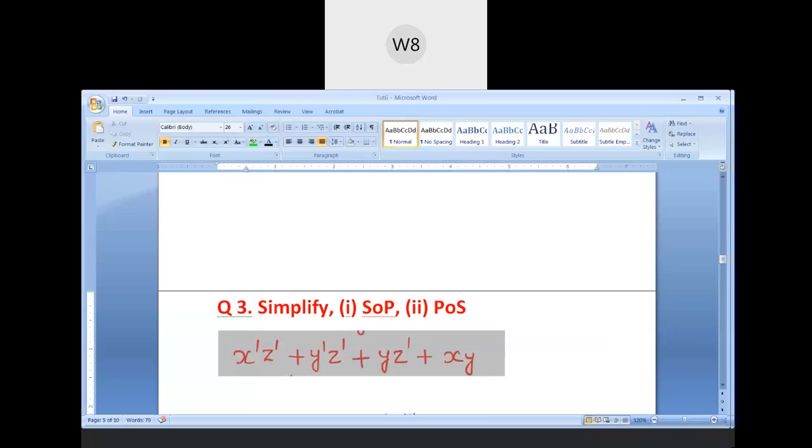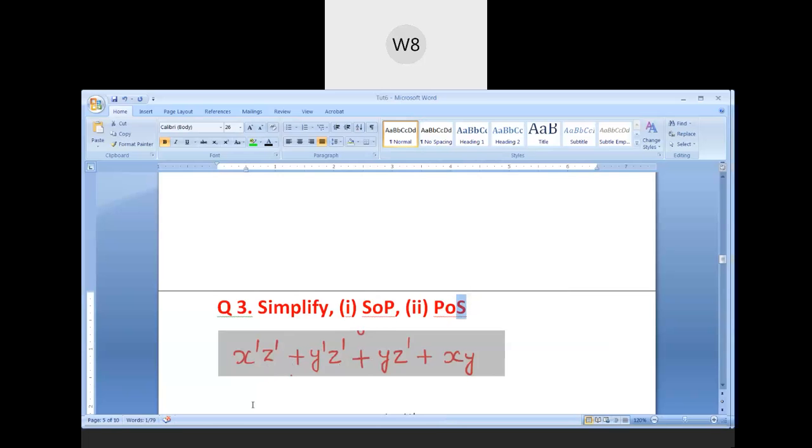So given any function, we know that it can be represented as a sum of certain terms, and terms will be in the form of product of variables, or the same function can also be represented as a product of various terms, where each of the terms will be a sum of various variables.